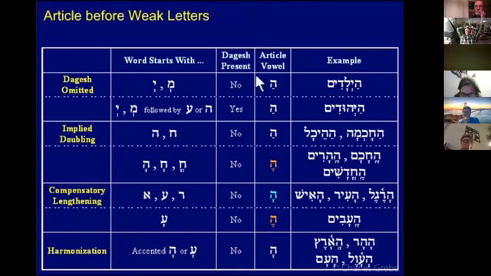Now, there is an exception to this rule. The exception is that if the yud and the mem are followed by two of the gutturals, the ayin and the hey, then in fact the dagesh will stay. Again, the vowel is normal, so there's no change there. So here we had hayiladim, or hailadim, I suppose I should say, where the dagesh is no longer there in the yud.